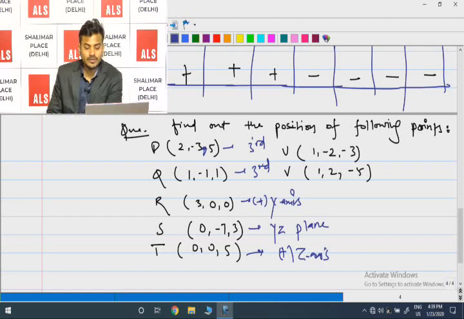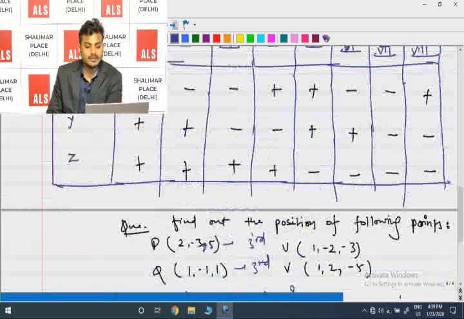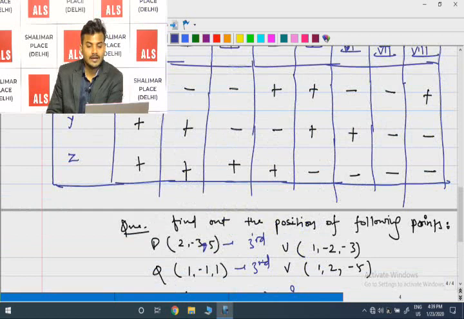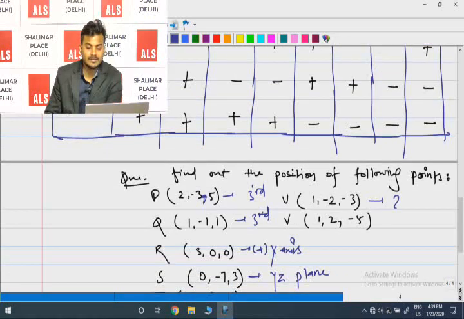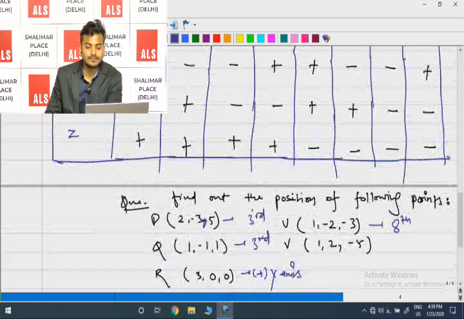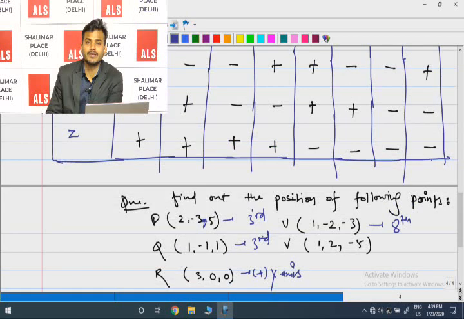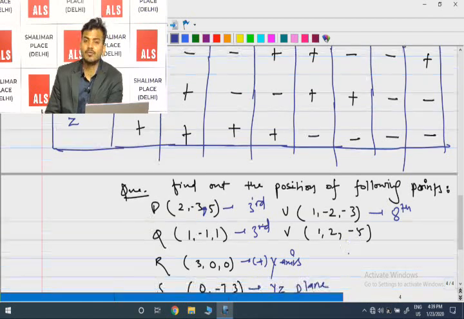No, it's not actually the sixth one. It is plus minus minus. It is 8th, right? Answer is 8th. Okay, that's the correct answer. Next is 1 comma 2 comma minus 5. So x and y both are positive and we have z negative.